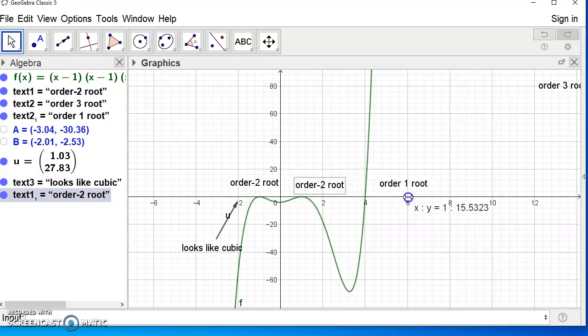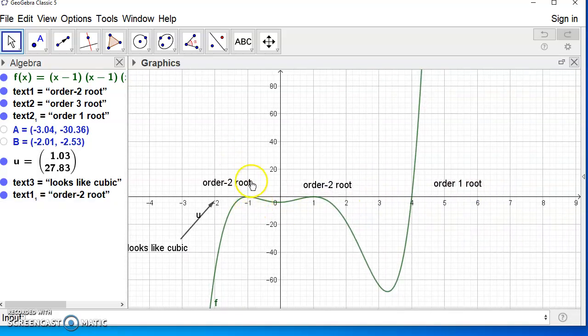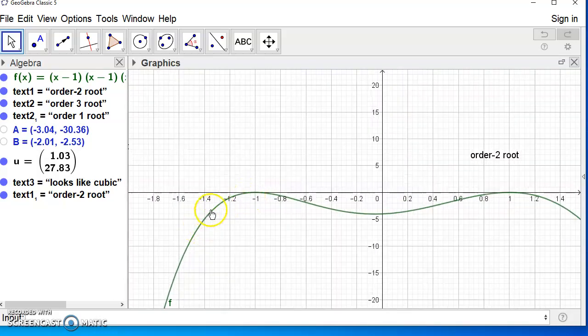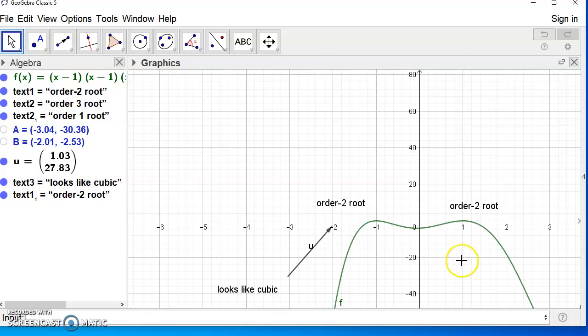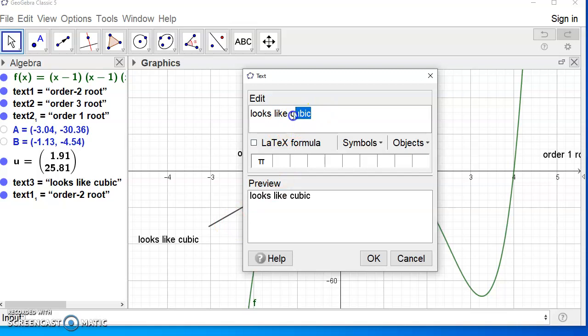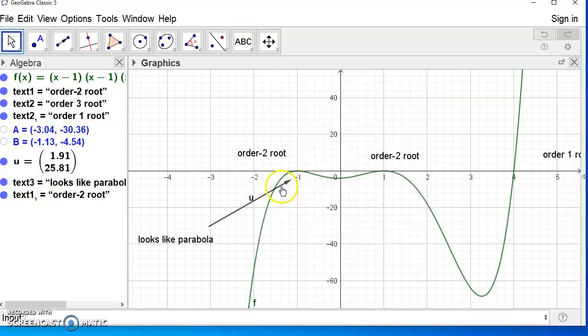Just to stretch this out a little bit, we can see there's an order 2 root at minus 1. If we zoom in a bit, the function bounces off the x-axis there. It also bounces off the x-axis here. This little section is an order 2 root, and if you look at it, it kind of looks like a quadratic, a parabola that bounces off, just in that local neighborhood.